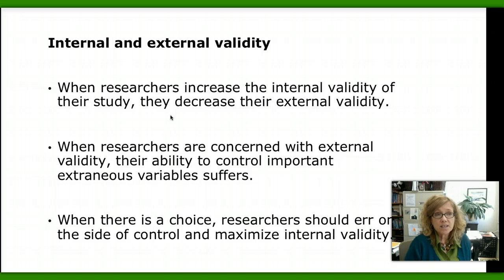That's because to increase the internal validity, they have to better control the treatment variable and extraneous variables, and so a classroom becomes more laboratory-like. And if it's more laboratory-like and pristine, it's less natural, and therefore external validity is compromised because it's less like what a real classroom is like.